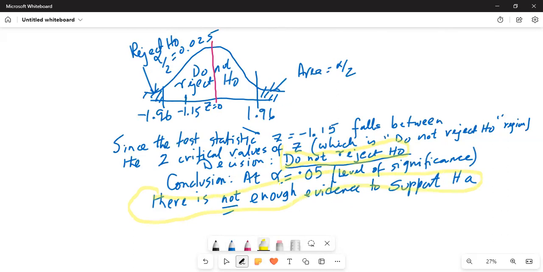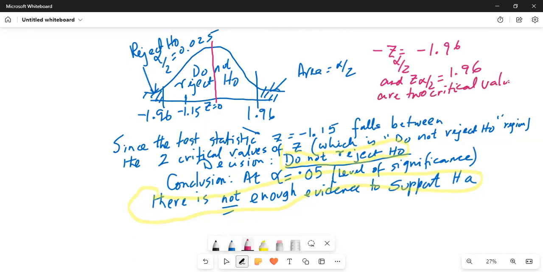And we used the critical value method because minus 1.96 and positive 1.96 are the two critical values. Let me write that down: minus Z alpha by 2 is equal to minus 1.96 and positive Z alpha by 2 is equal to 1.96. Why are they called critical values?